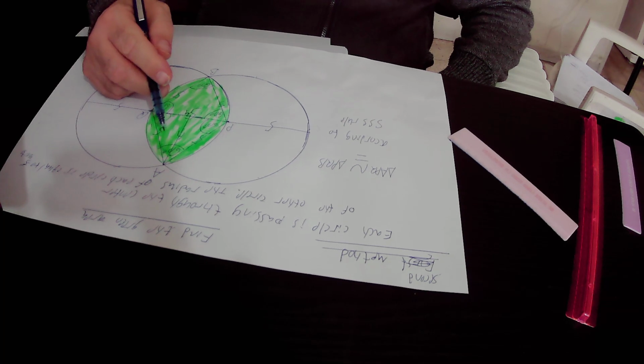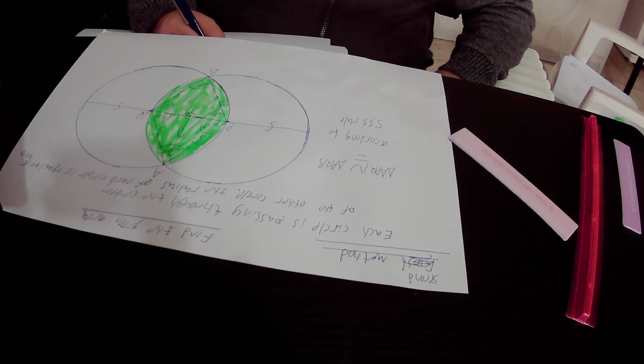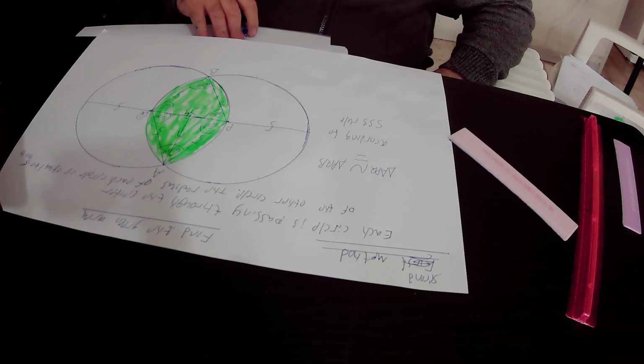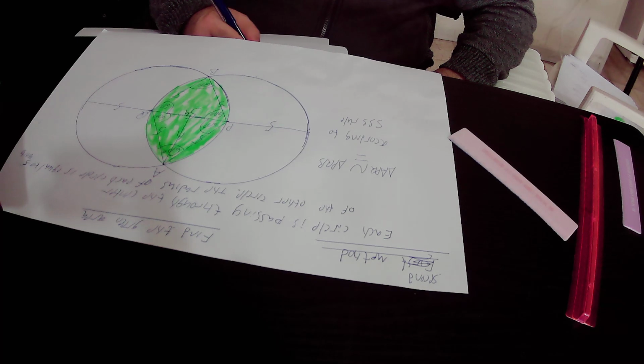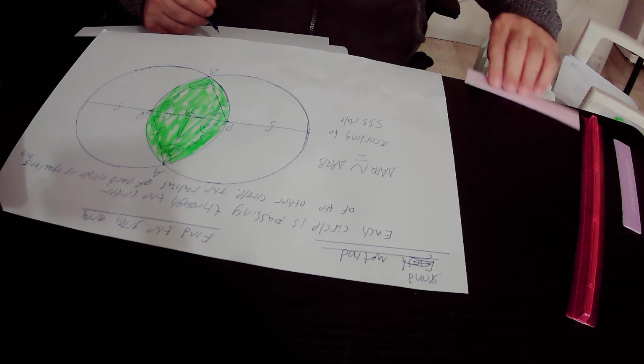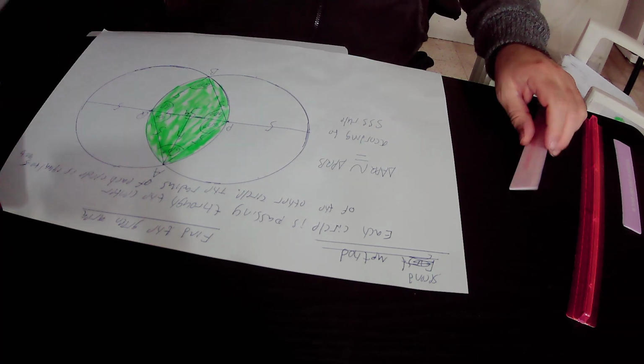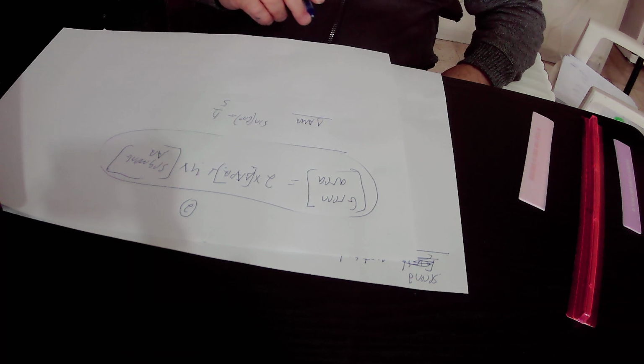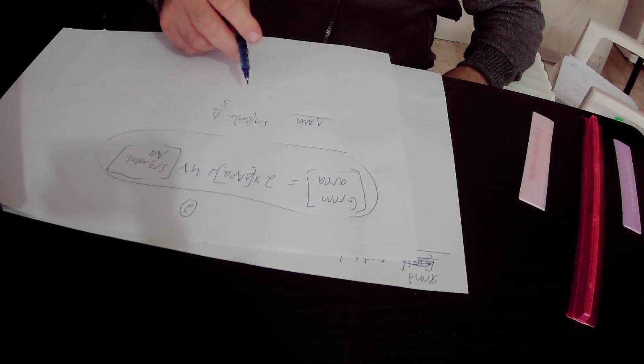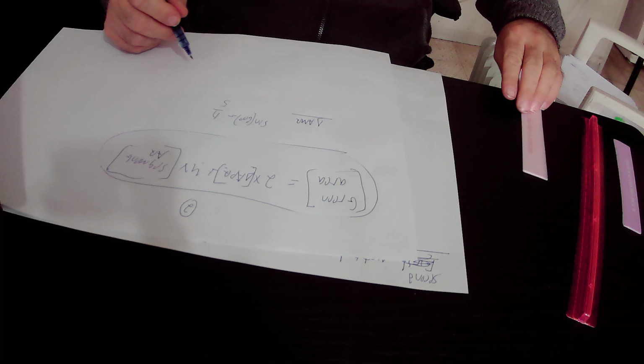In triangle AMQ, sine 60 degrees equals edge over 5. I repeat again, in triangle AMQ, sine 60 degrees equals edge over 5.